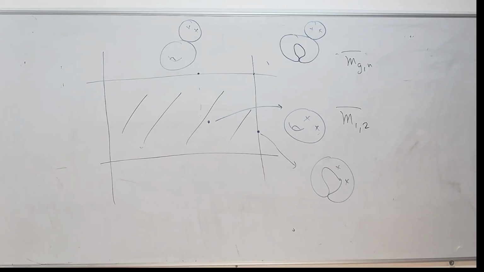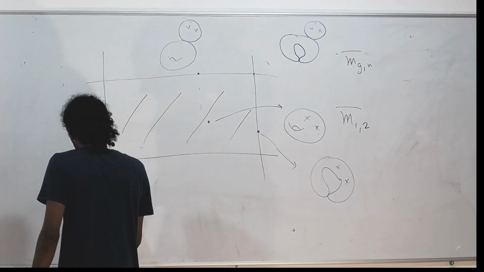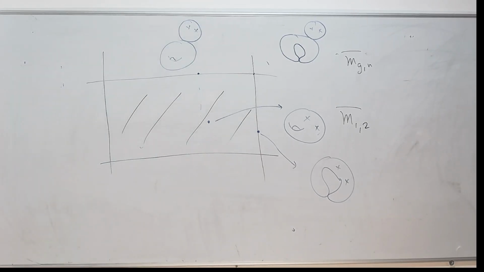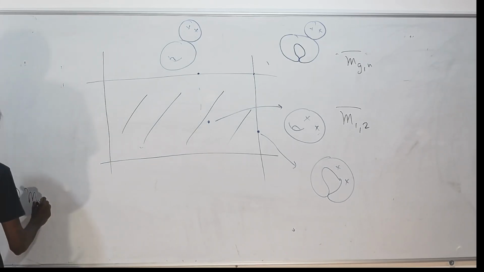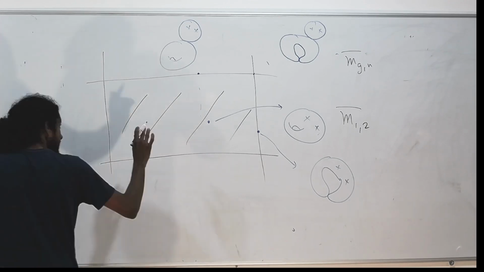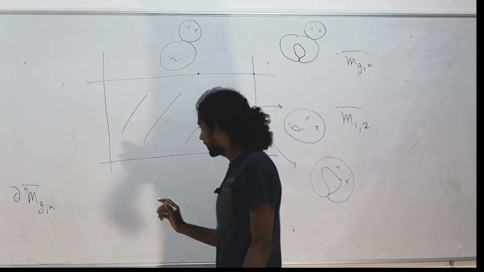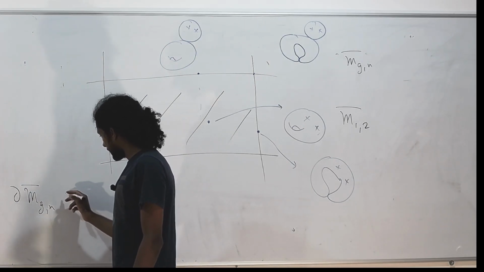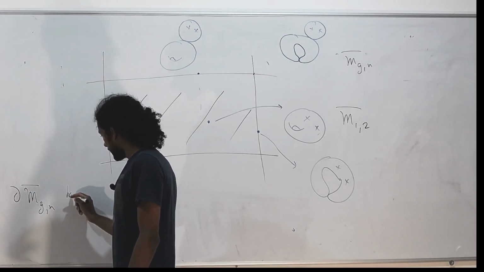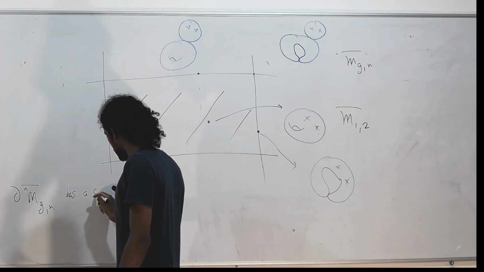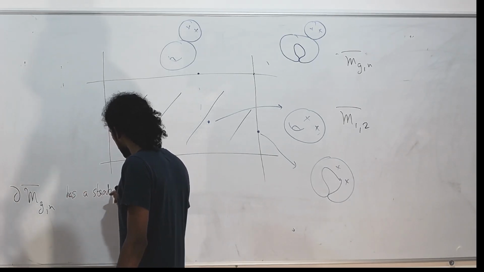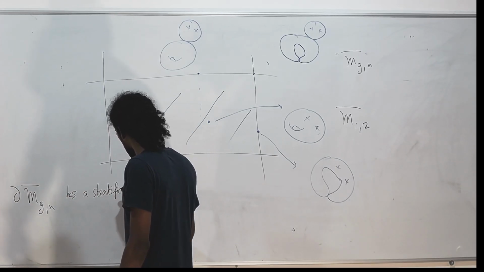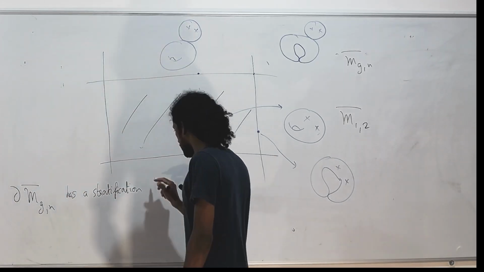Okay, so this is something really very important about M_g,n bar, and we'll see some more interesting things very soon, but let me just say that this picture is supposed to show that the boundary has a stratification by the number of nodes.